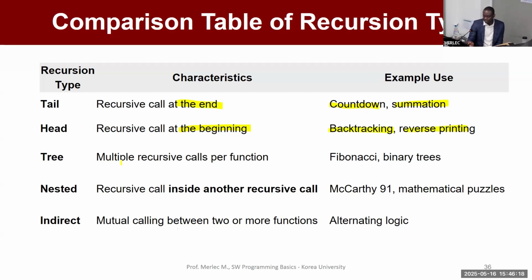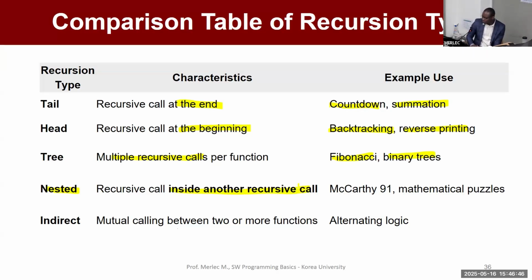The other one is the tree, where we have multiple calls per function. This can be used for Fibonacci series generation or binary tree search, for example. The last in the row of direct recursion is the nested recursive function, where we have a recursive call inside another recursive call.